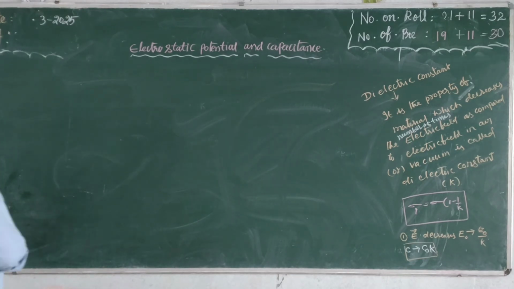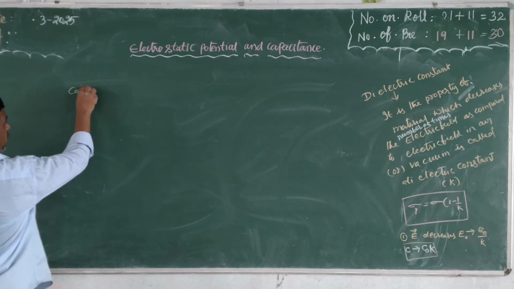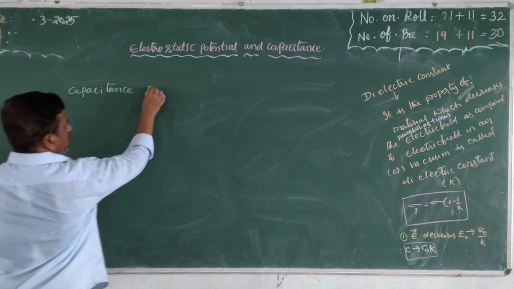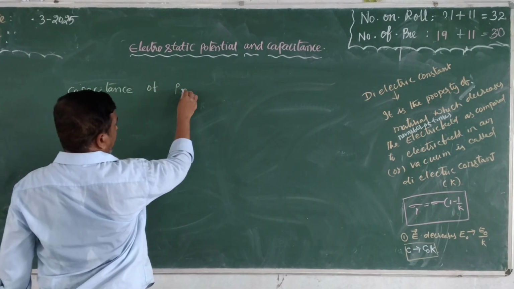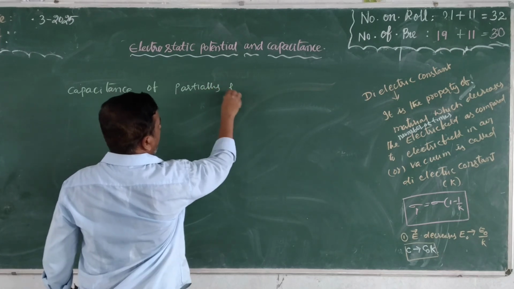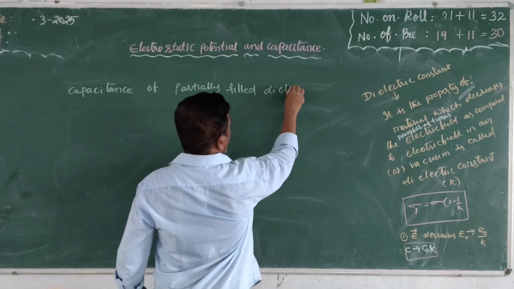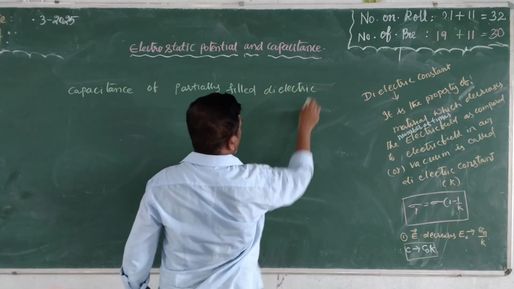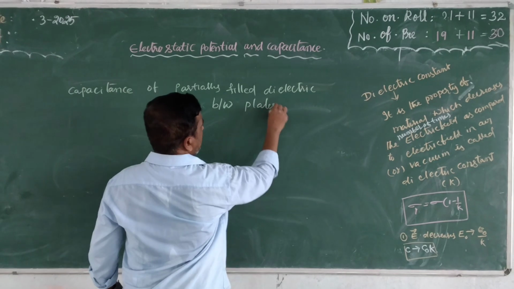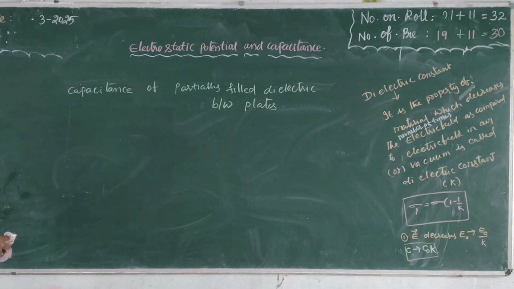Now we discuss the capacitance of a partially filled dielectric between the plates. Between the plates the dielectric is filled, but only partially.